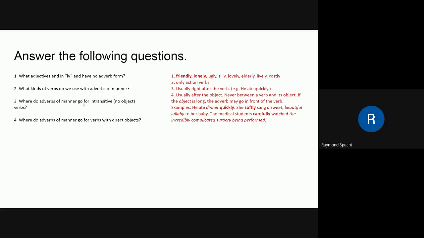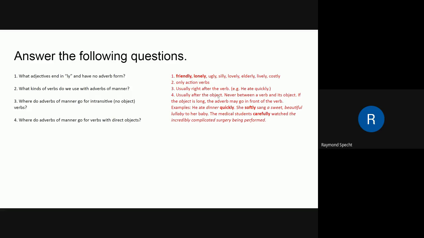Where do adverbs of manner go for intransitive, no object verbs? Sorry. Usually right after the verb. He ate quickly. Okay. Where do adverbs of manner go for verbs with direct object?